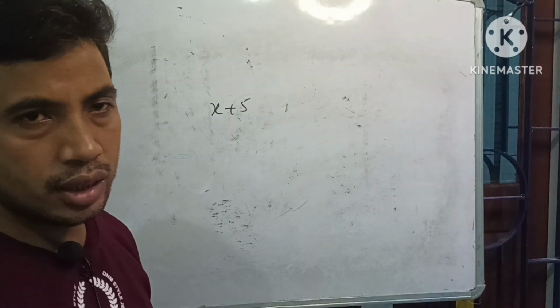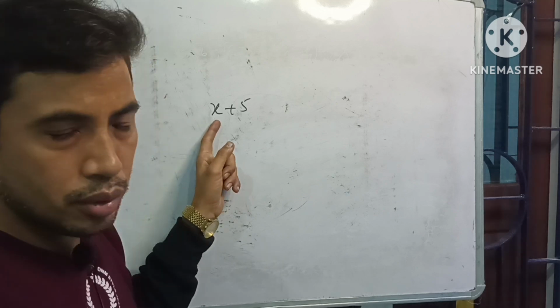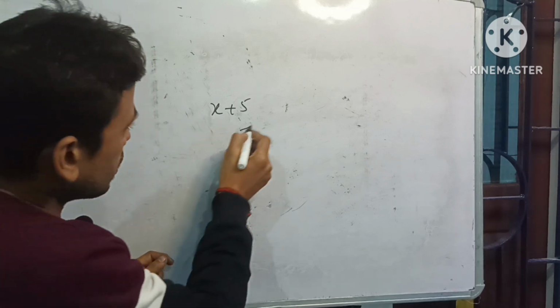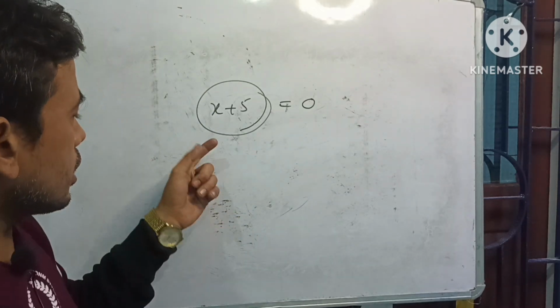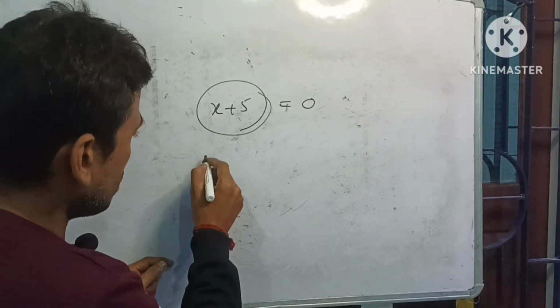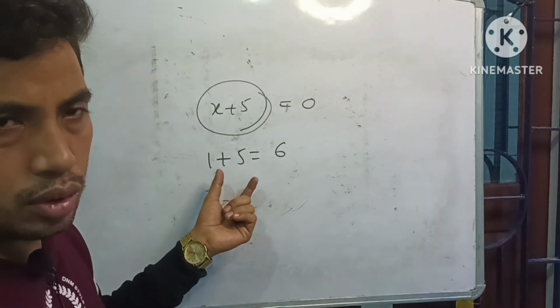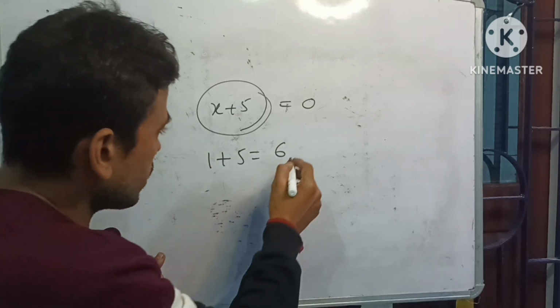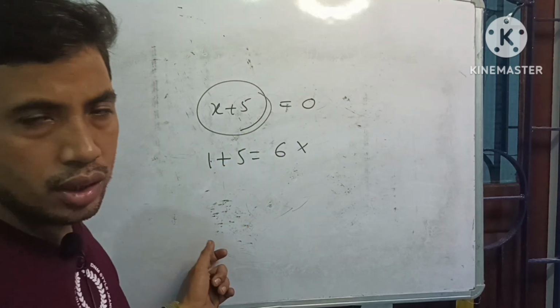A zero is nothing but a value of the variable for which this expression becomes 0. So suppose we put 1 instead of x. Then 1 plus 5 is equal to 6, which is not equal to 0. That means x is equal to 1 is not a zero of this polynomial.